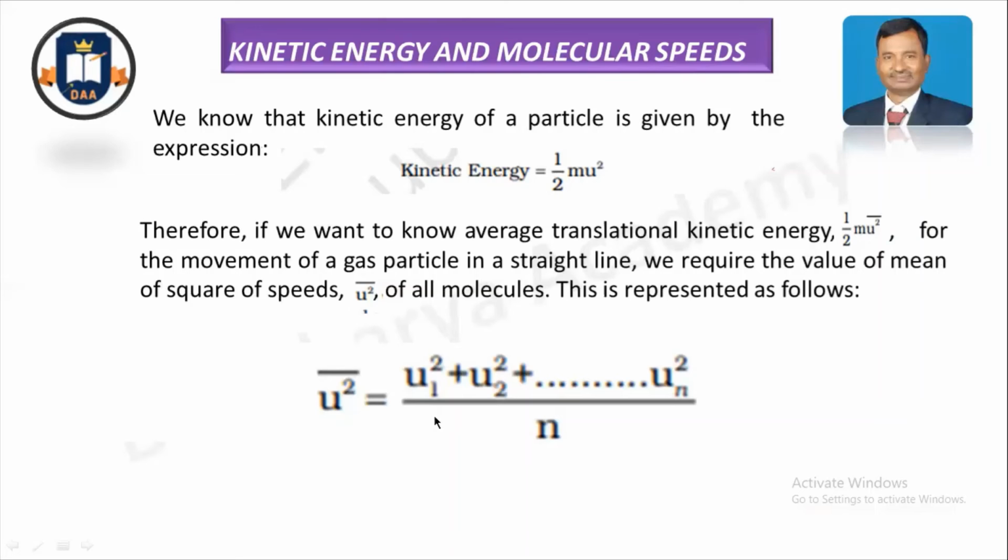It is equal to the summation of the square of the individual speeds divided by the number of molecules. In this way, we can calculate the value of the mean square of speed.